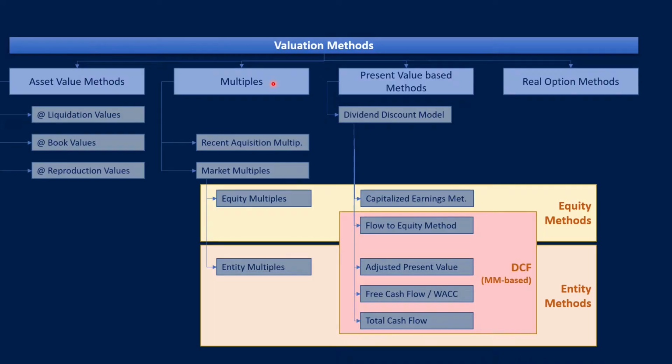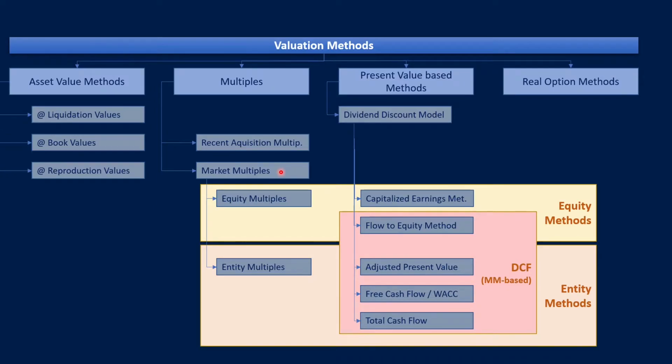I've already gone into multiples in another video, so if you're interested in multiples, don't hesitate to watch that video. Typically, multiples are used as market multiples. So you will need another company. You derive the multiple and you apply that multiple to the company that you want to value. So you compare those two companies.